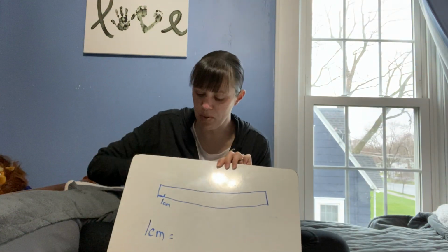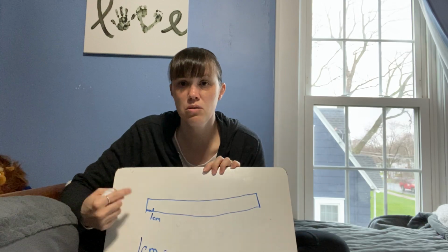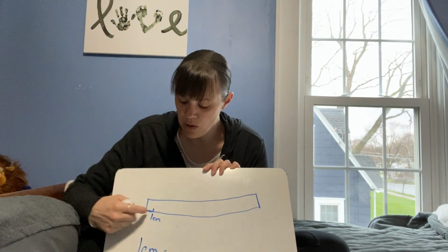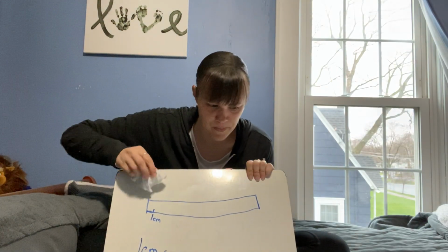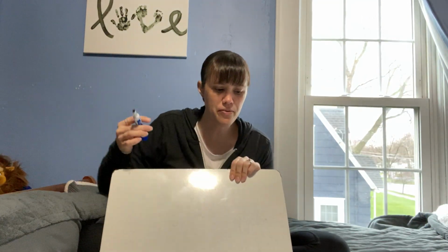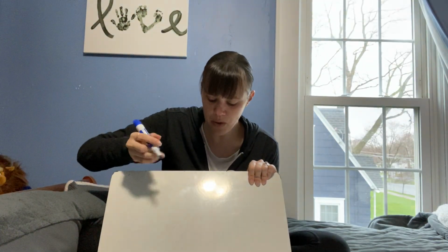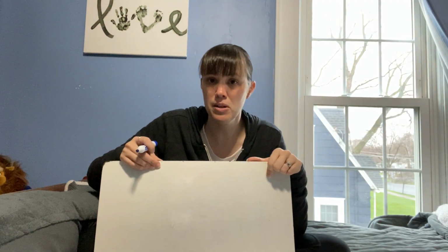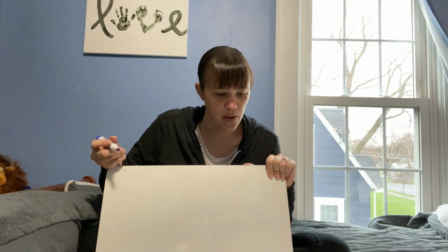Okay, so those lines are broken up just like your regular number line, so you can just count. So today we have a whole number. So basically we're going to have more than one for centimeters, and we want to figure out how to represent that.